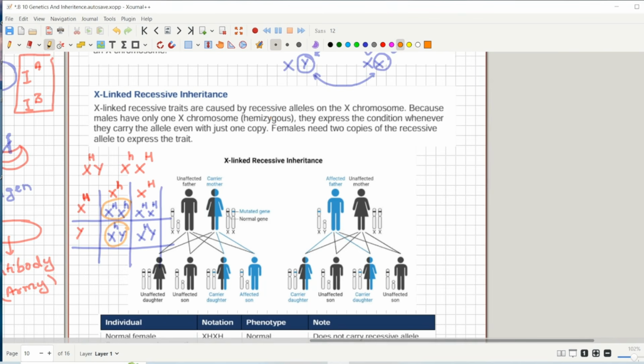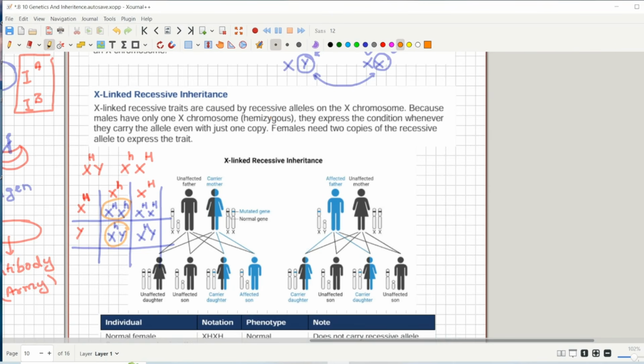That's why this female is containing the recessive allele, but it is a carrier. It is a carrier of the X chromosome, but it does not show the trait. While this boy only had one X chromosome, and that X chromosome had small h. That's why it is the boy that had shown the character.